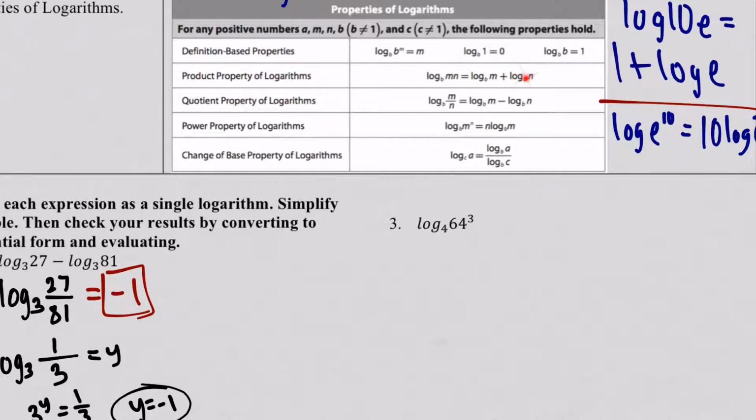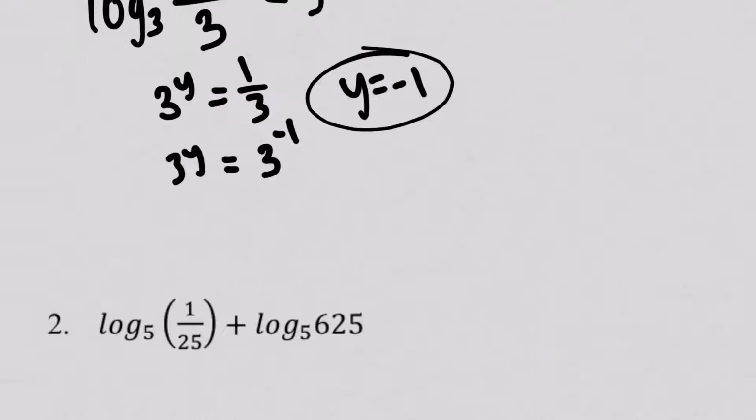So this property, which is the product property, tells me that if I'm adding two logs with the same base, all I gotta do is put them together on one log and multiply those two inputs, m times n. So that's exactly what I'm gonna do over here.